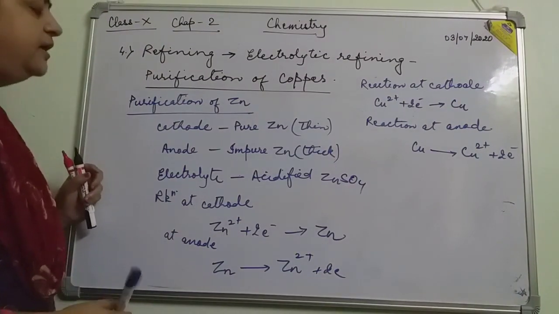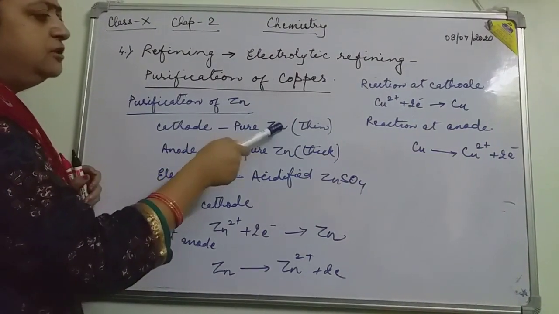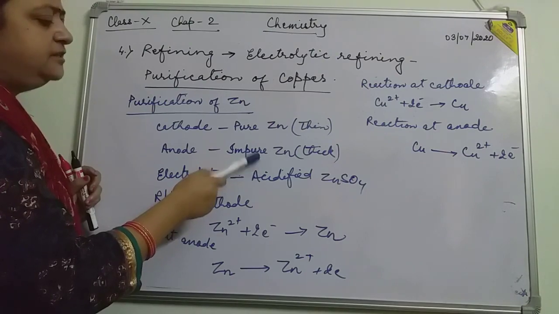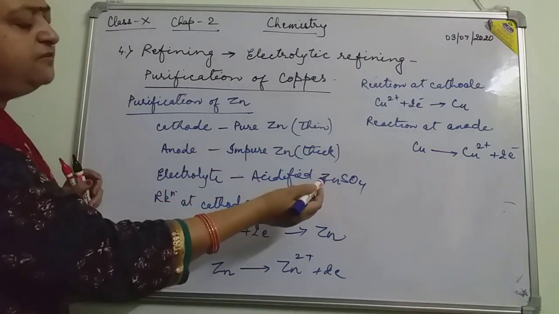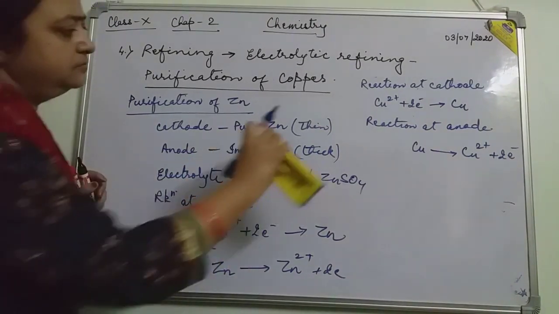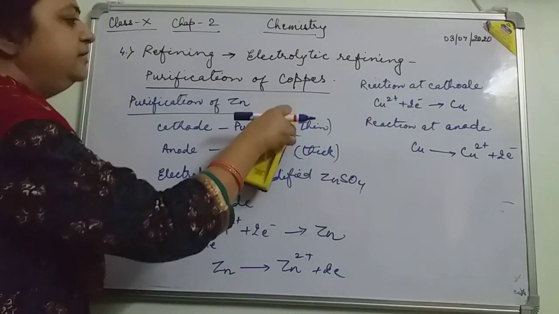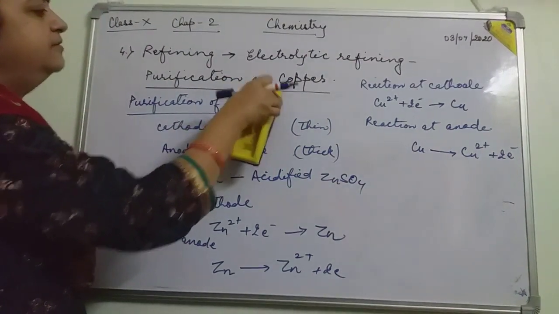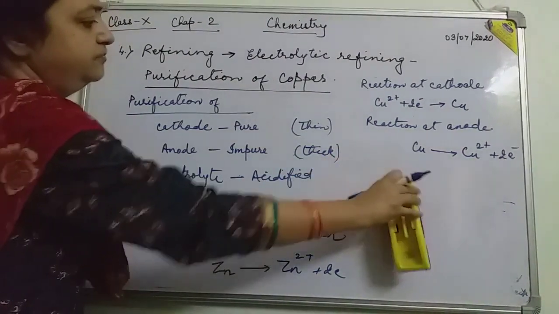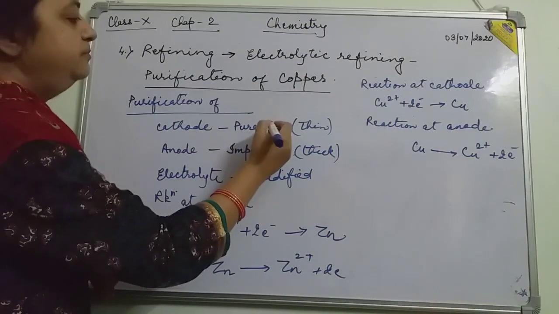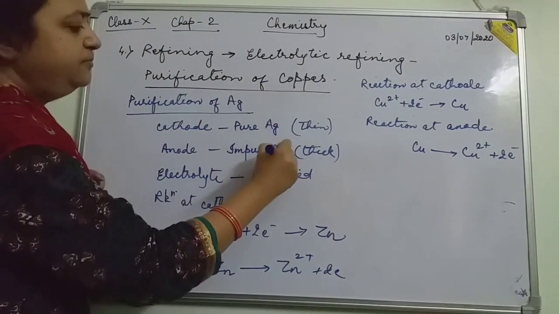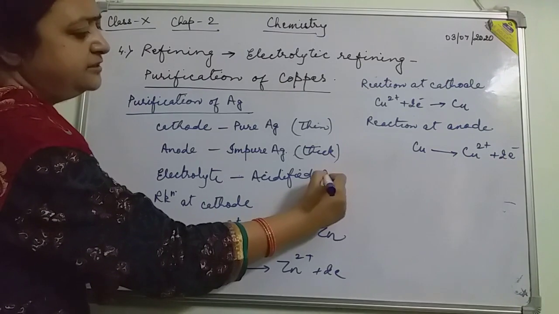Likewise, you can purify silver. The pure silver rod is taken as cathode and impure silver rod is taken as anode. Electrolyte is not always sulfate. For silver, the electrolyte is acidified silver nitrate.